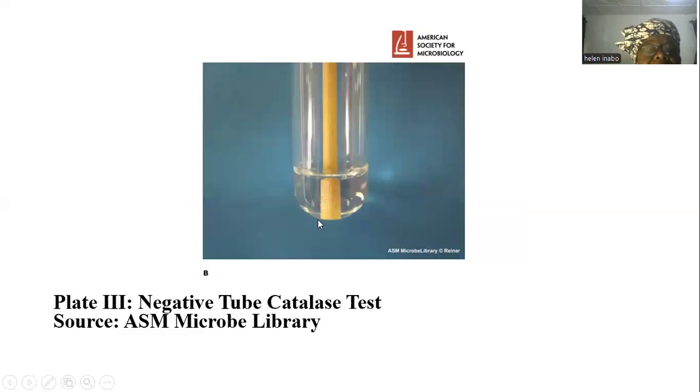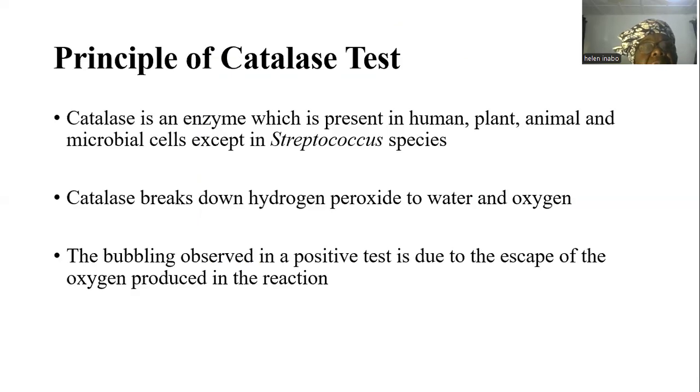While in this plate is a negative tube catalase test. There is no observed bubbling or frothing. That is, no oxygen is produced. That means catalase is not present in the bacterial cells.